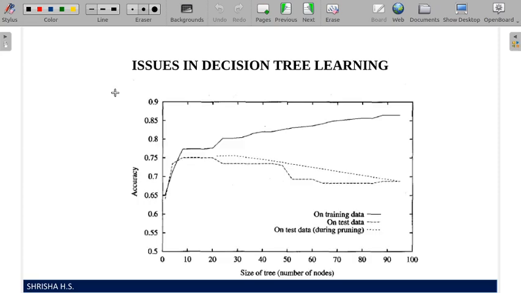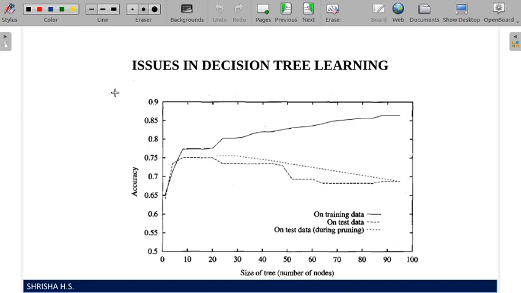So just an instance, the same graph, accuracy versus size of the tree. We can observe that on training data, the more we train and the bigger the size of the tree, the accuracy is increasing. On test data, again it was around 70%. And on test data during pruning, somewhere it started to come down. Okay, pruning means there is always an optimum tree.